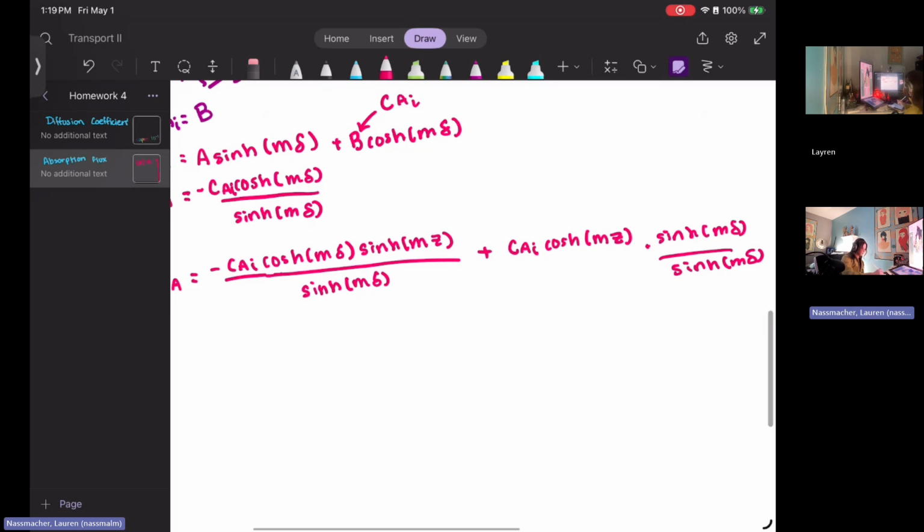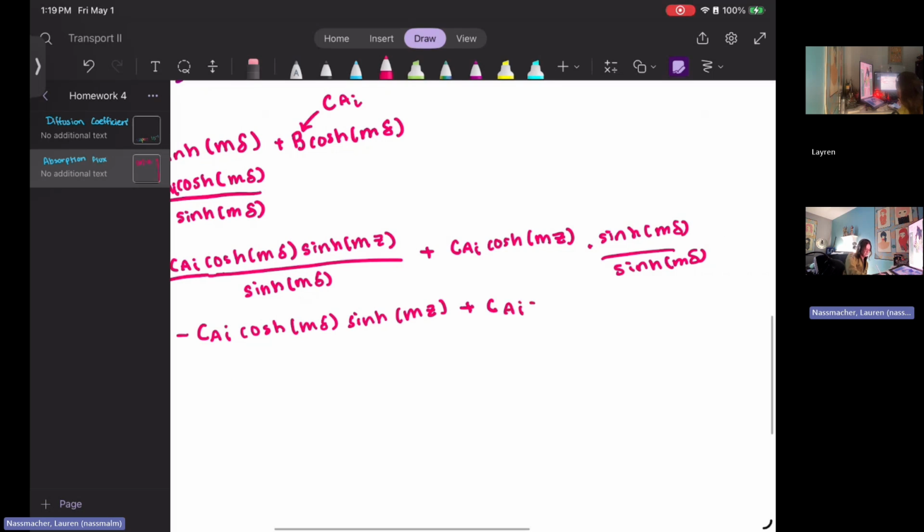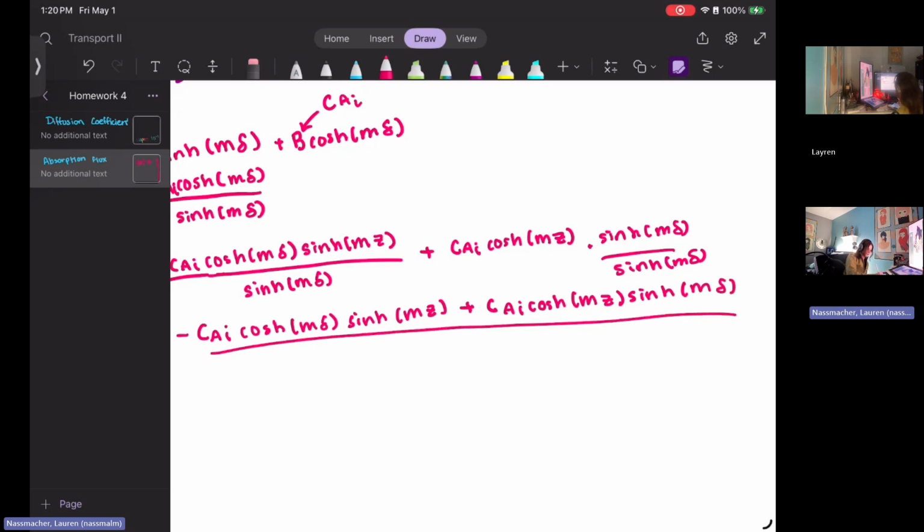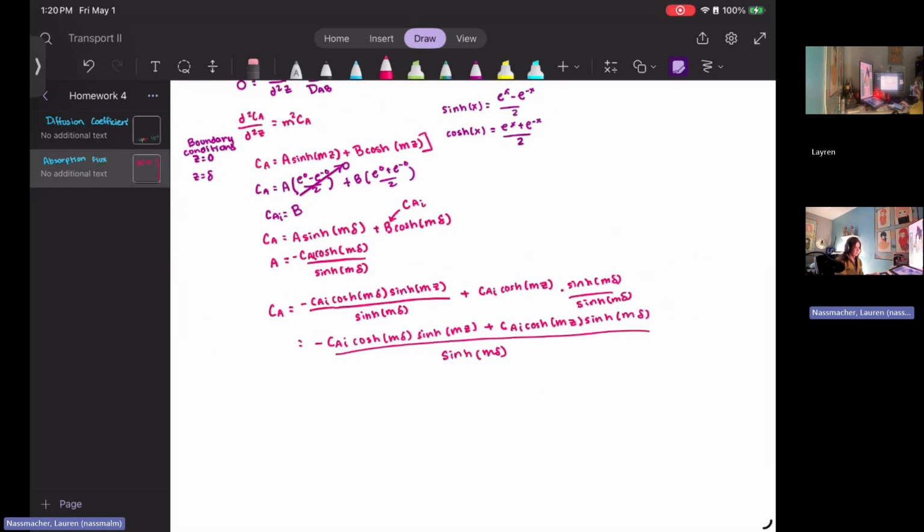So that gets you negative concentration of A at the interface multiplied by hyperbolic cosine of m times the thickness multiplied by hyperbolic sine of m times the distance z, plus our concentration at the interface multiplied by hyperbolic cosine of m times z times hyperbolic sine of m times the thickness, and this is all over hyperbolic sine of m times the thickness.